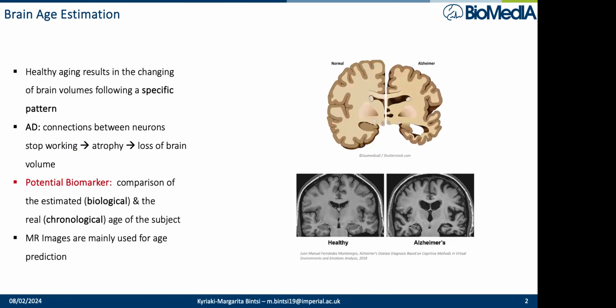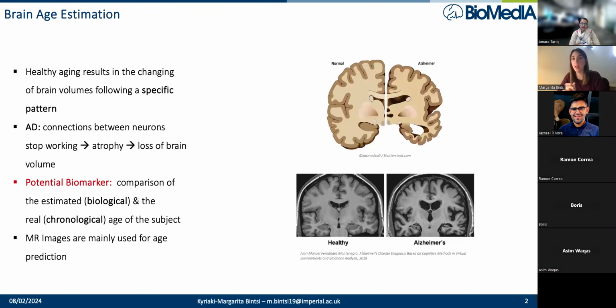Healthy aging in the brain follows a specific pattern, and the volumes change in a specific manner. But in the case of neurodegenerative diseases, such as Alzheimer's disease, for example, some connections between neurons stop working, and this leads to atrophy and a loss of brain volume.